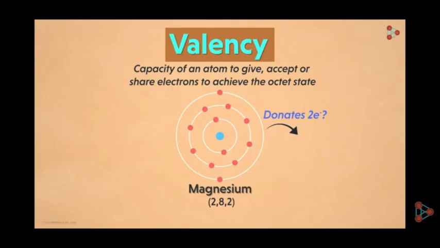So then what will it do? It gives away its 2 electrons of the outermost shell to some other element, so that its previous orbit, that is the second orbit, can become its outermost orbit, and then it will have a stable configuration of 2, 8, like neon.